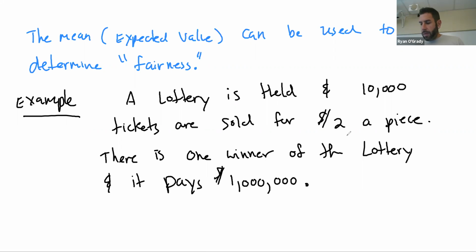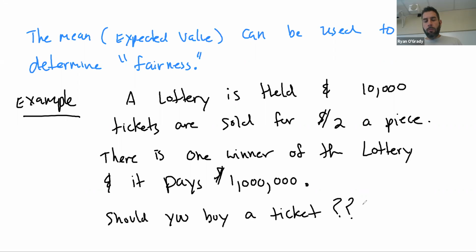So the question that you might ask yourself is, should you buy a ticket? Some people would maybe reason, well, let's spend $2 for the chance of winning $1 million.